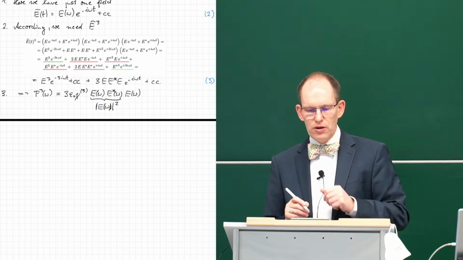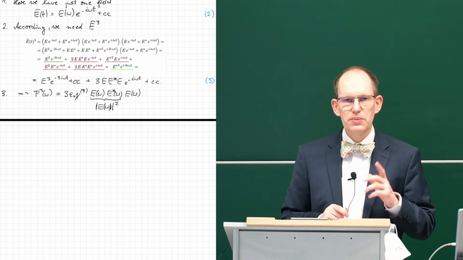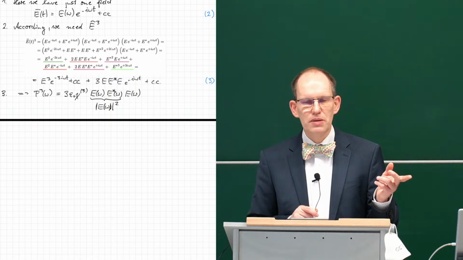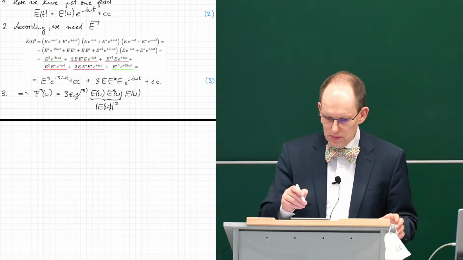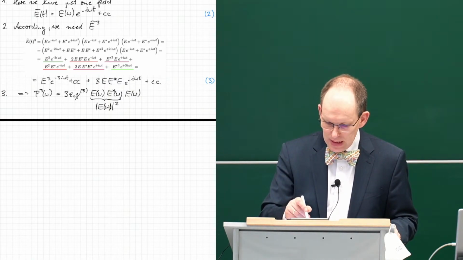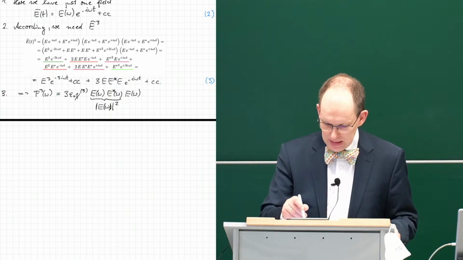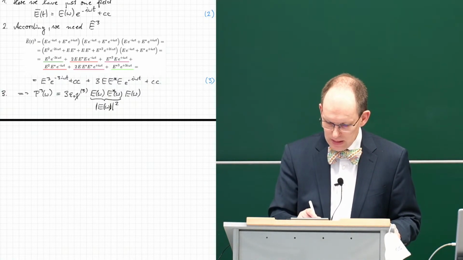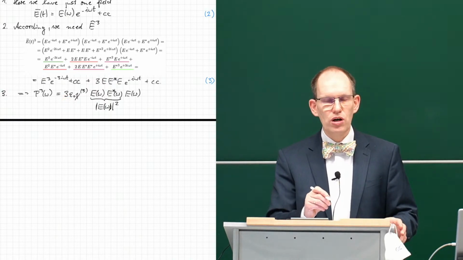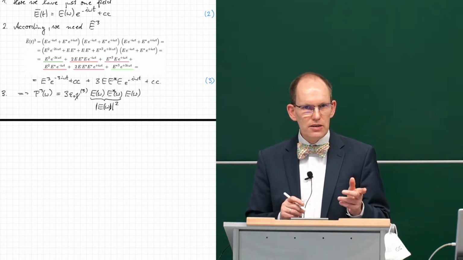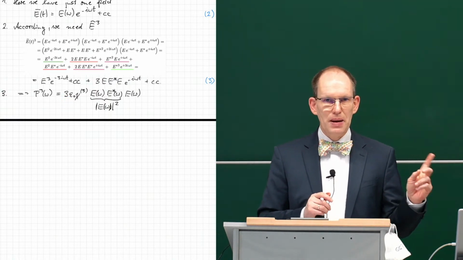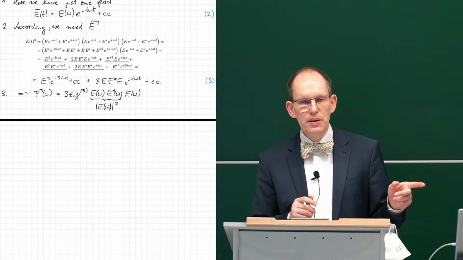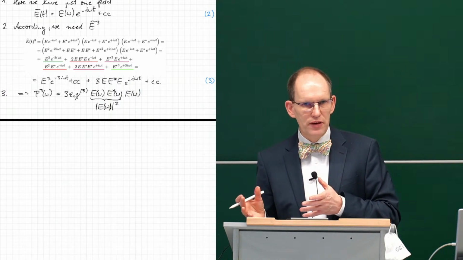And now if you compare this result here with what we had in chapter 2, then you will notice that there we had, instead of this factor 3, we had 3 over 4. And the reason for this is that back then in chapter 2, we used just a real field.